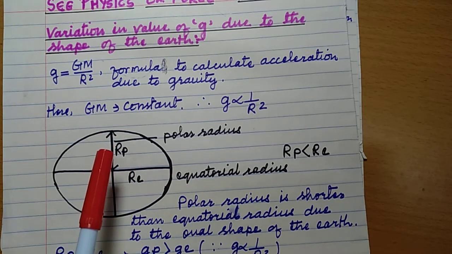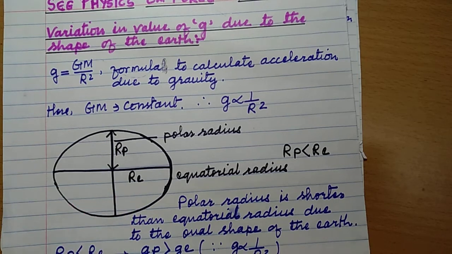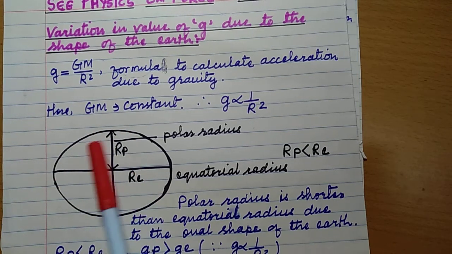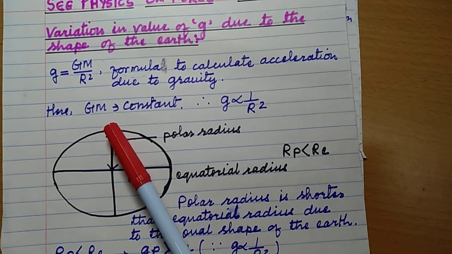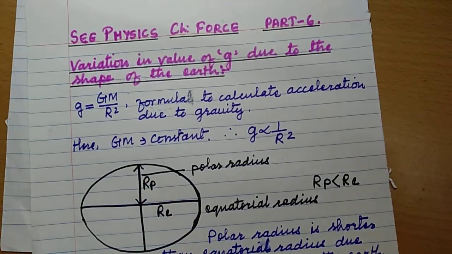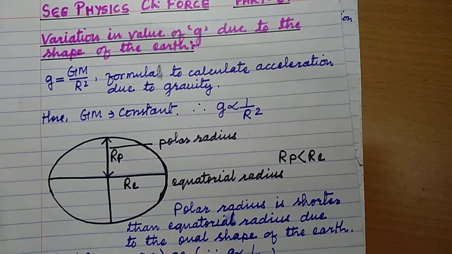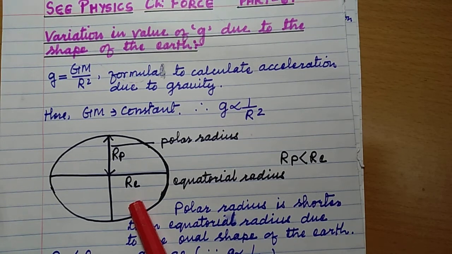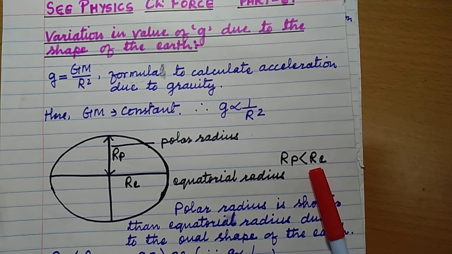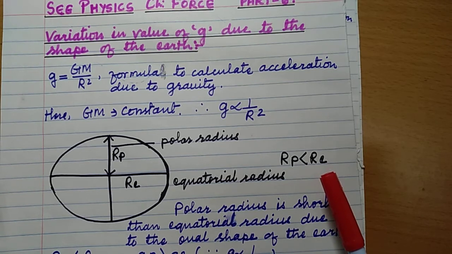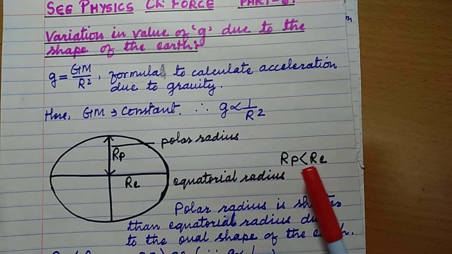From this shape of the earth, what did we understand is radius at the pole is smaller than radius at the equator. Radius at the equator is longer than radius at the pole.